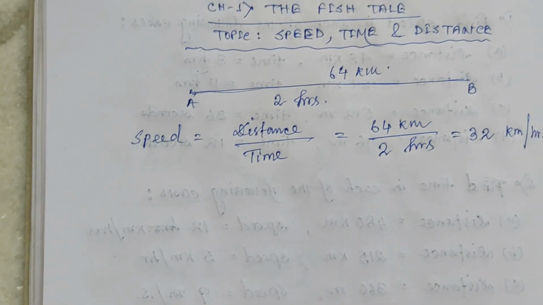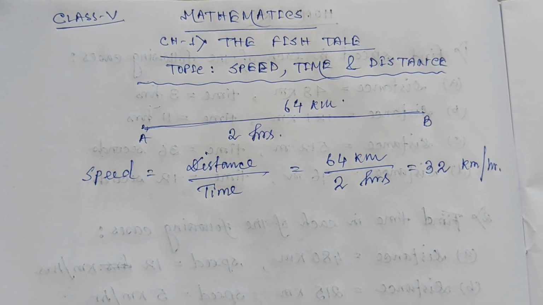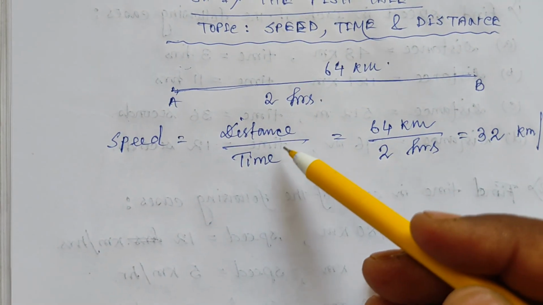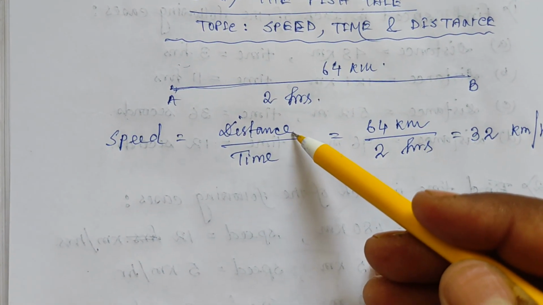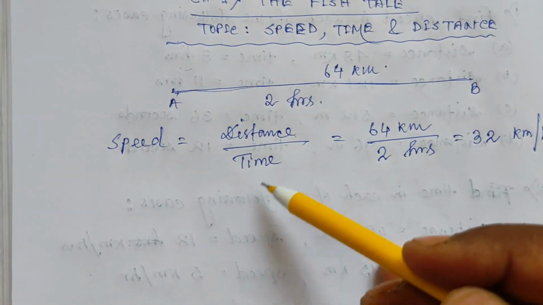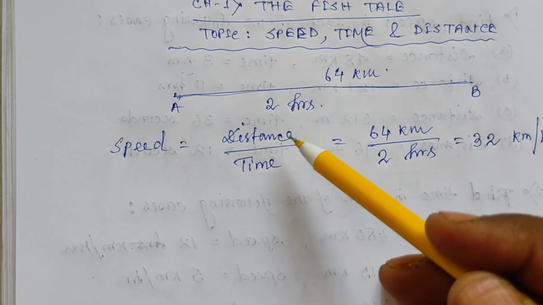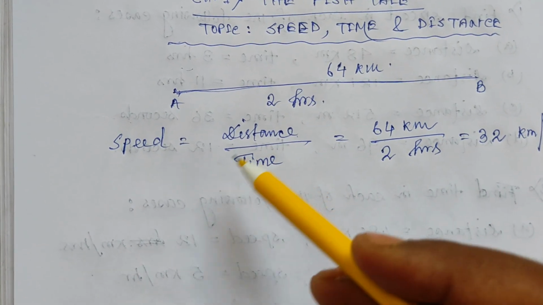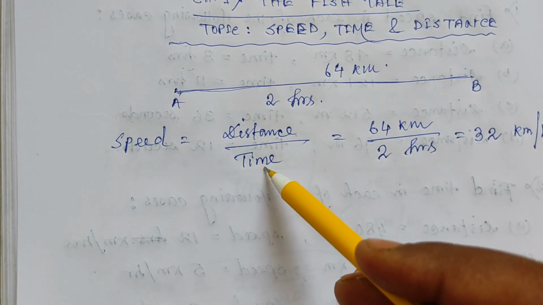So speed is the rate of change of distance, or we can say the change of distance with respect to time.